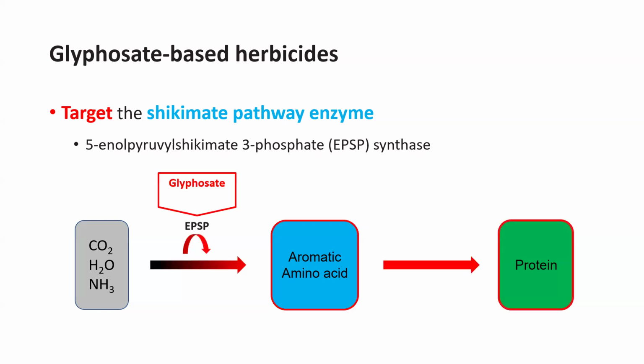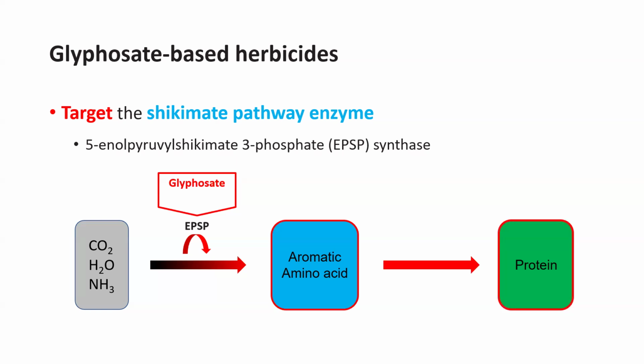The EPSP synthase enzyme is vital for producing essential amino acids, the aromatic amino acids. We know that the aromatic amino acids form proteins and are required for normal growth.